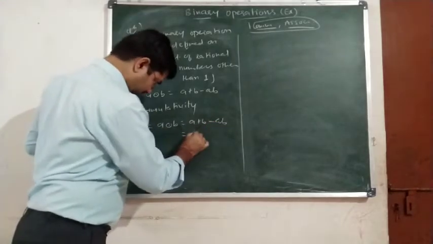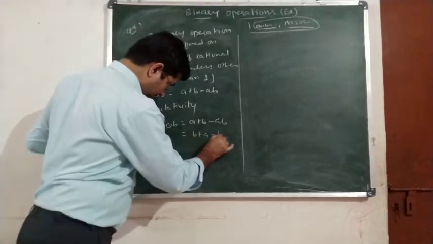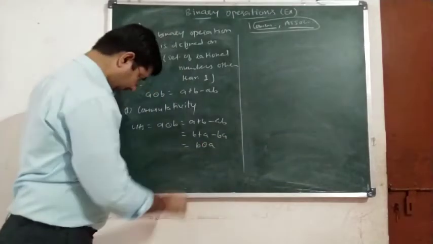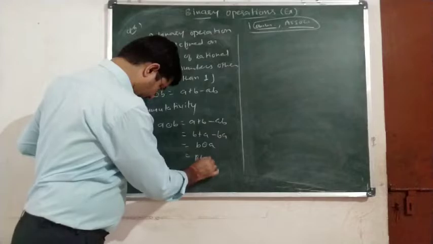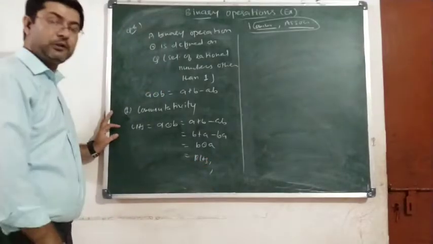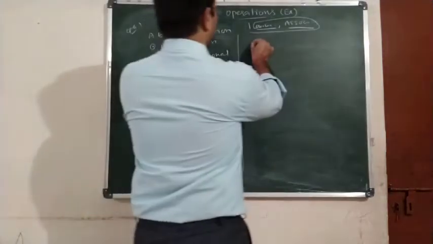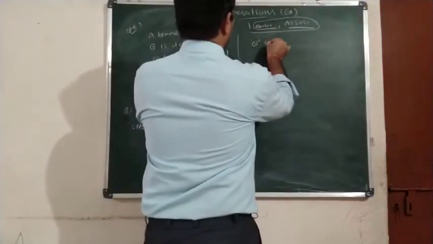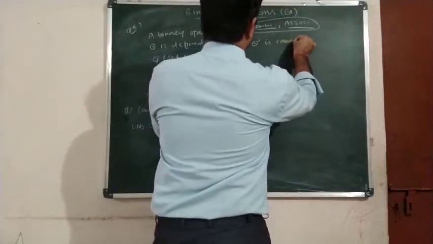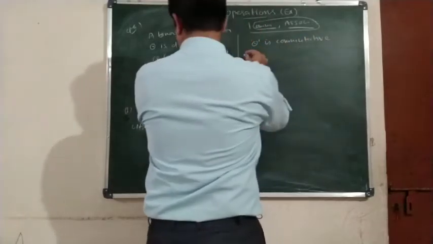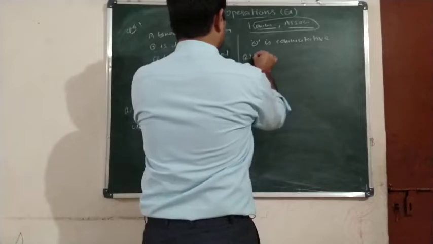Now let us reverse: B plus A minus BA, which is equal to B O dot A, and which is equal to RHS. So LHS is equal to RHS. Therefore O dot is commutative. Now we will prove associativity.